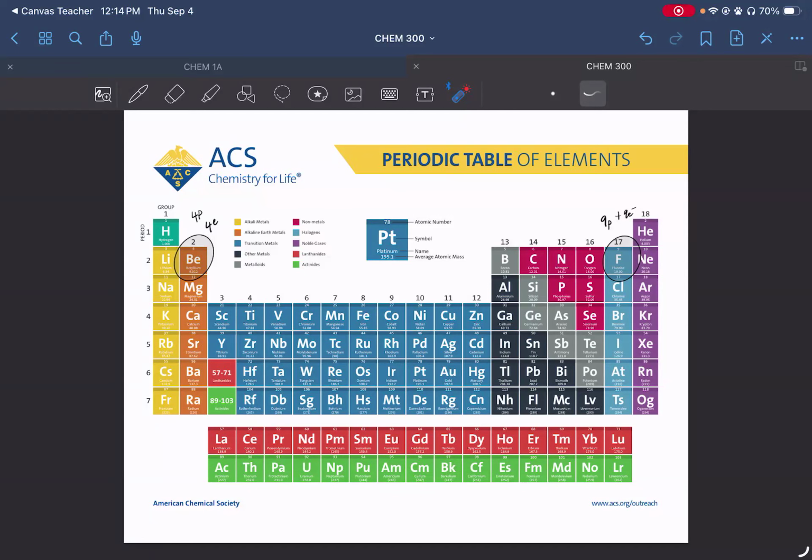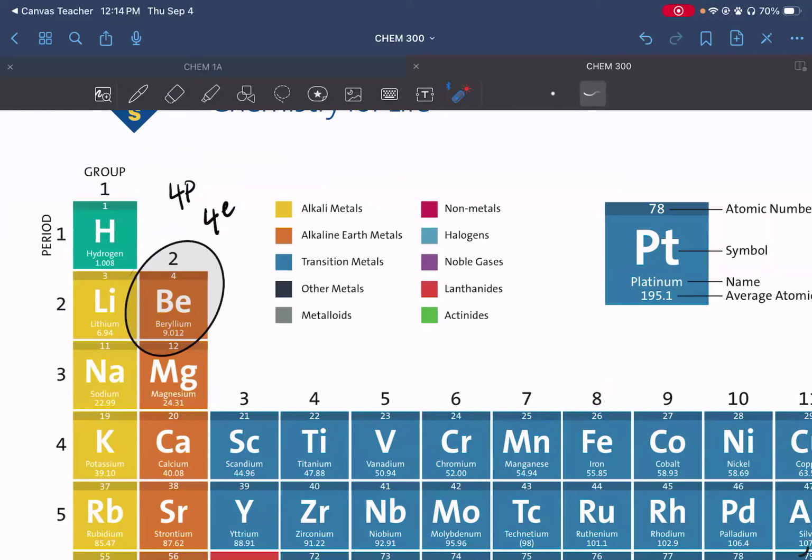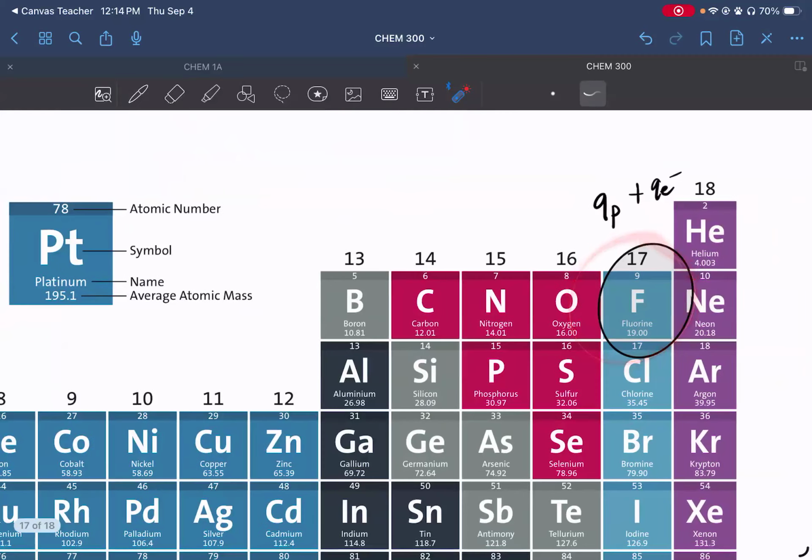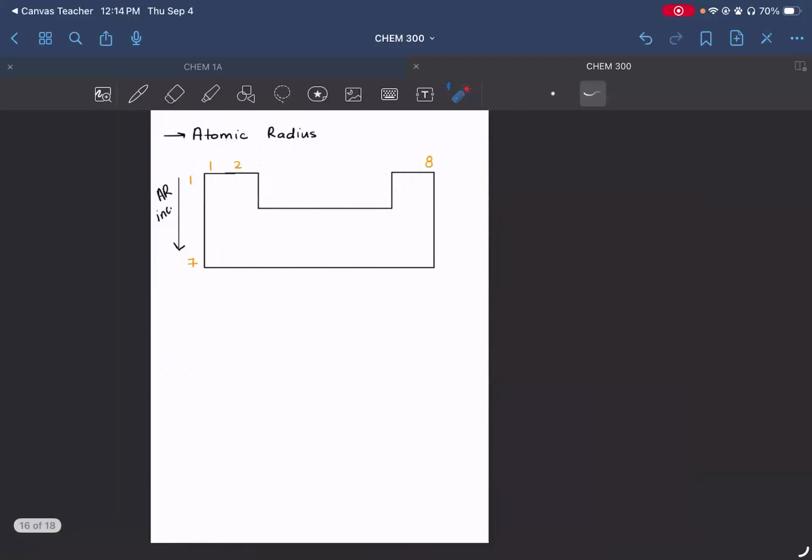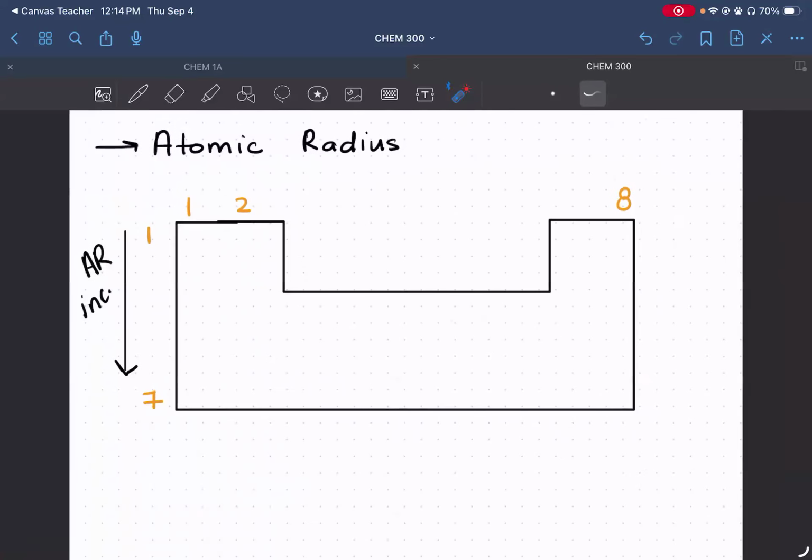In other words, based on the number of electrons over here, their hug is a bit looser. Versus on the right, we're talking that nice classic bear hug. In other words, going from left to right, atomic radius decreases.